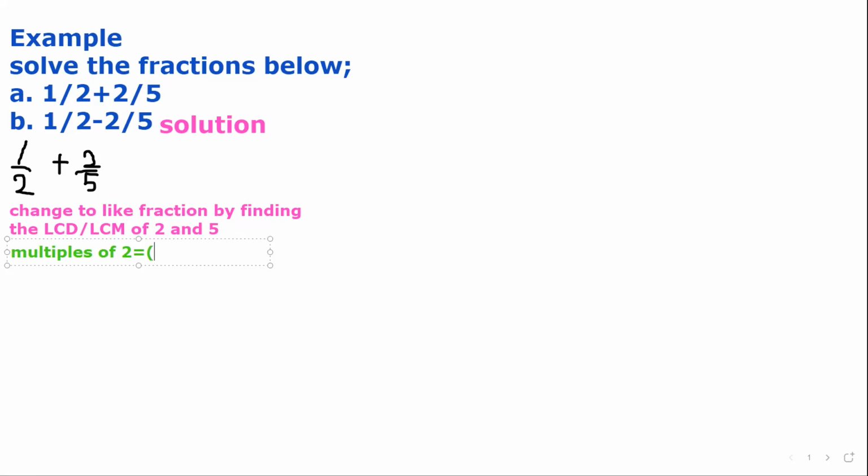Starting with the 2, plus 2 will be 4, plus 2, 6, plus 2, 8, plus 2, 10, plus 2, 12, plus 2, 14, 16, 18, 20, 22, 24, 26, 28, 30.